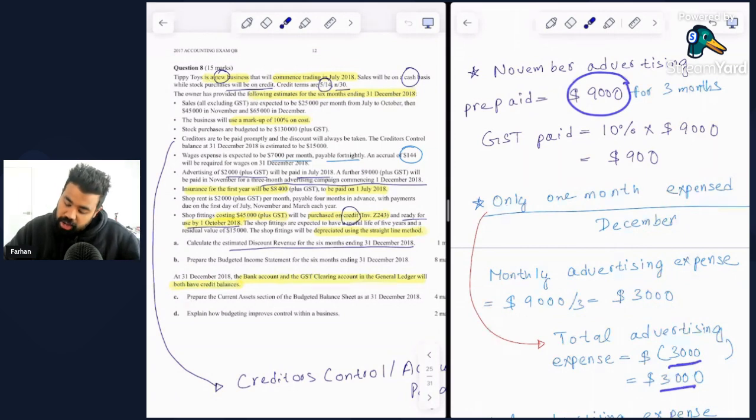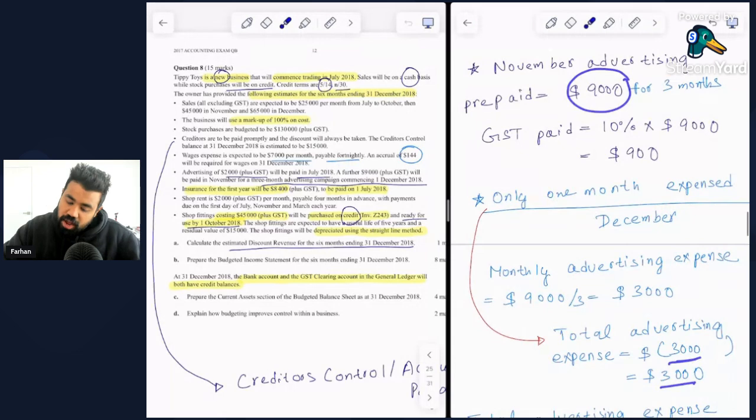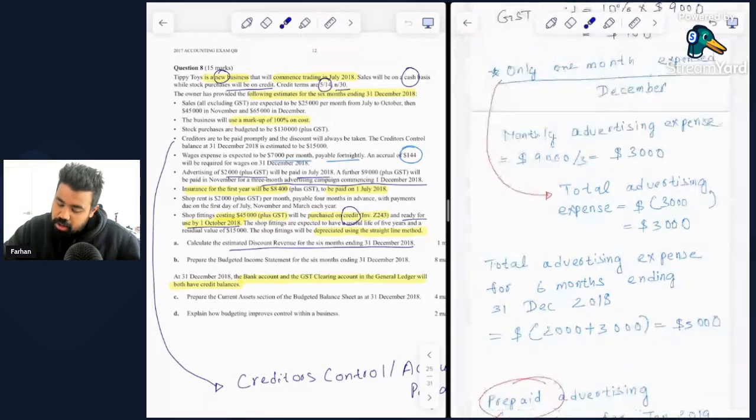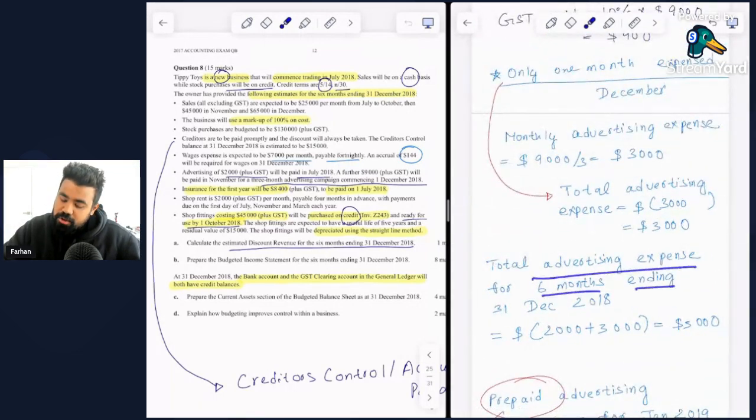Now, if I want to find the total advertising expense for 6 months together ending 31 December 2018, it's the $2,000 in advertising that we paid initially in July 2018, plus the $3,000 in advertising expenses that we have incurred for the month of December, and that is $5,000 in total.